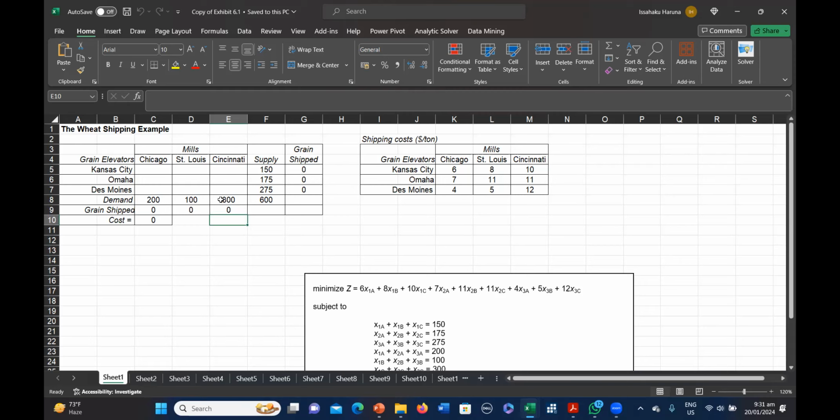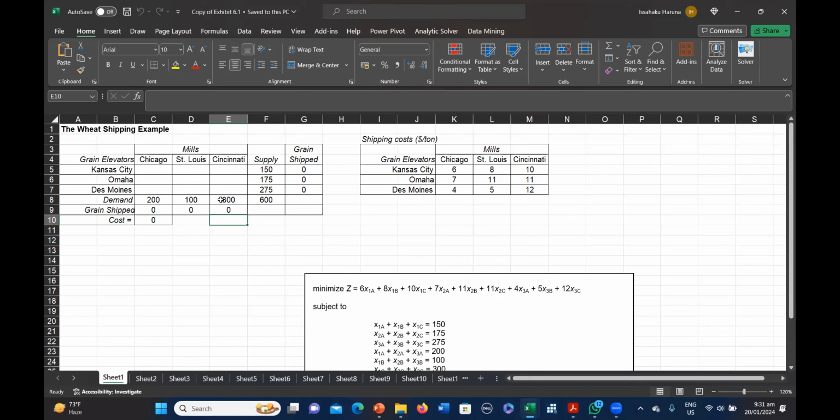That's why we added a column called grain shipped. The grain shipped will be a sum of these empty cells in the Kansas City row. If you sum them, it should be equal to the grain that you have shipped.